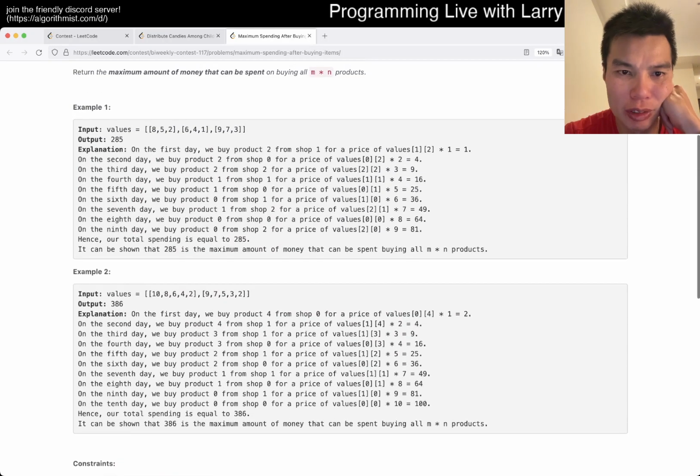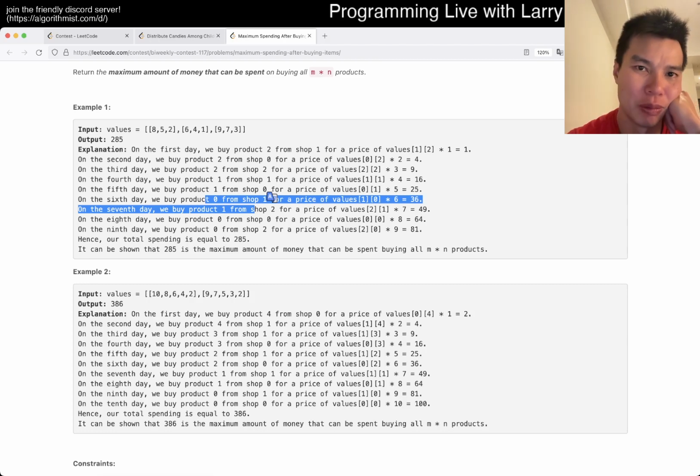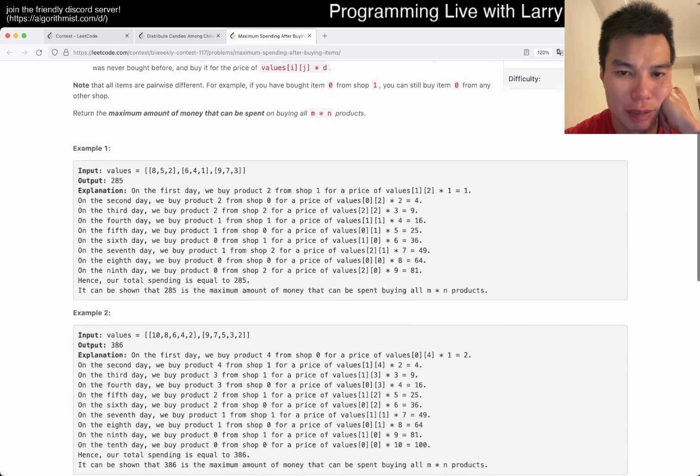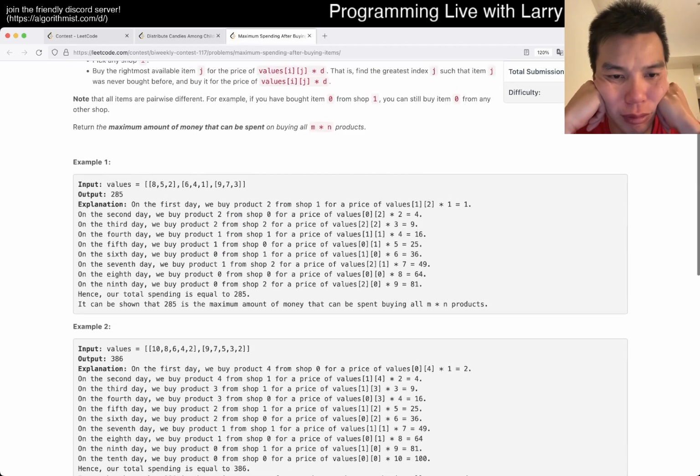Do they intentionally do it this way? Oh no, okay, they do overlap. Is it greedy? Can it be greedy?